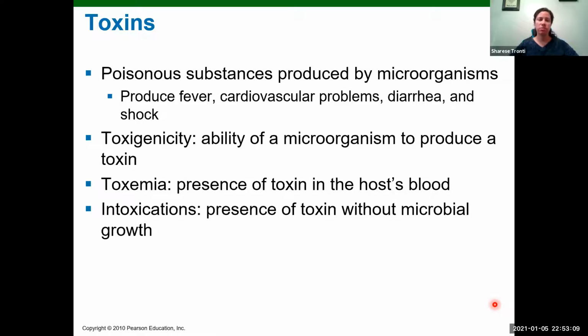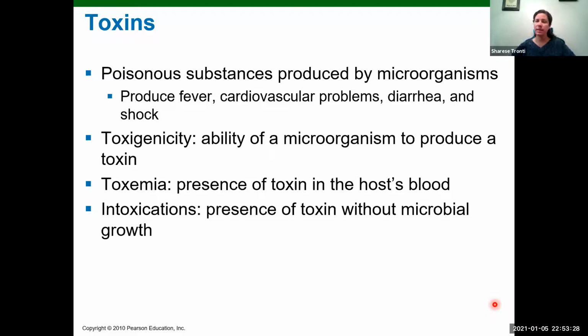A few definitions before we move on. Pathogenicity is the ability of the microbe to produce toxin. Toxemia is the presence of toxin in the host's blood. And intoxication is the presence of a toxin without microbial growth.